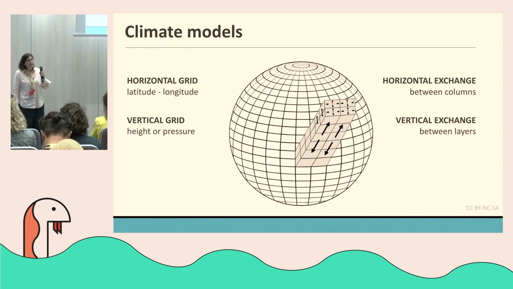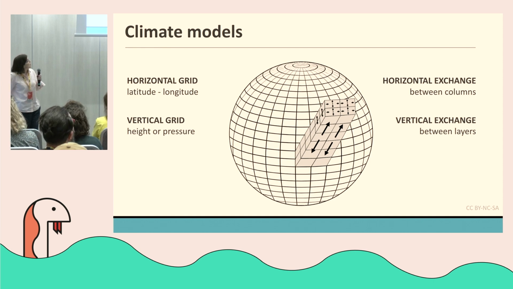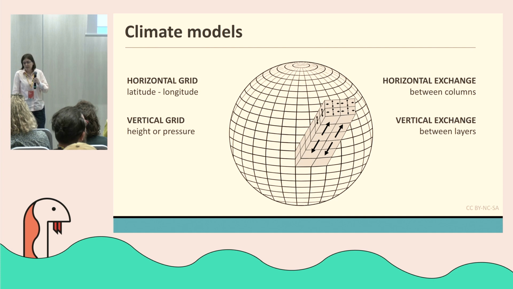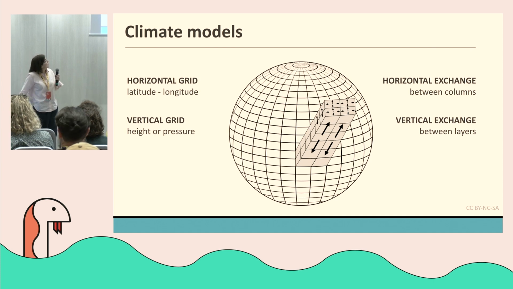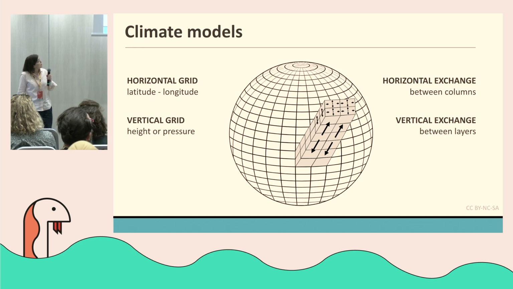Analyzing climate data requires that we have some familiarity with how our Earth is geographically mapped. So we need to refresh some knowledge about the basics of a geographical coordinate system. We can imagine our planet as a globe with lines drawn from the North Pole to the South Pole at regular intervals.